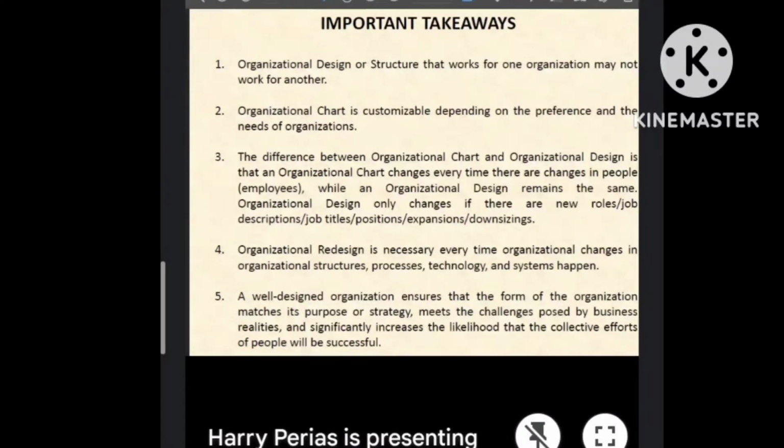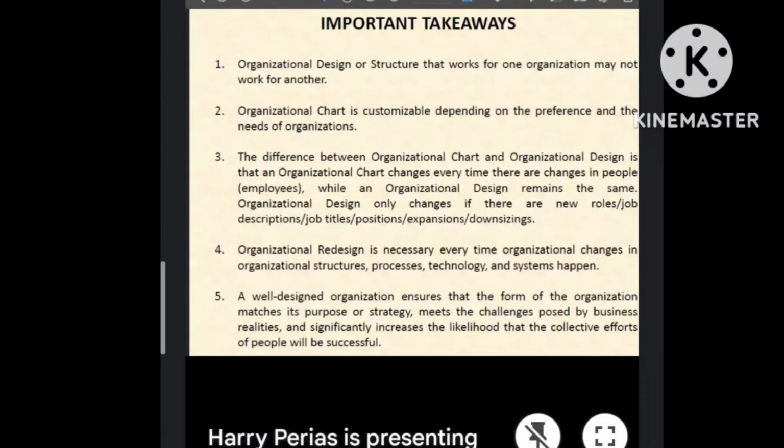However, yung organizational design remains the same. Hindi nadagdagan yung job role or yung responsibilities, hindi nagbago yung structure, yung design, yun mismo, yun pa rin siya. Yung tao lang yung nawala at napalitan. Okay? Whereas kapag ang organizational design naman ang nagbago, automatic magbabago din ang organizational chart.